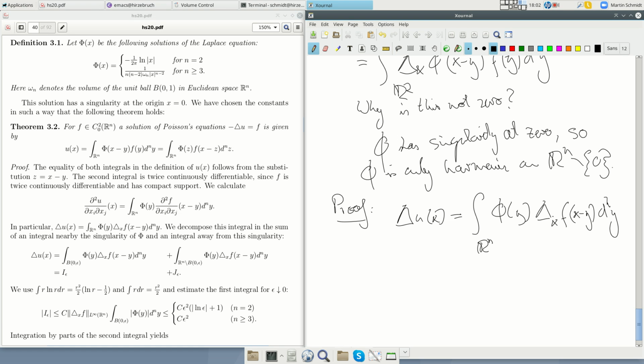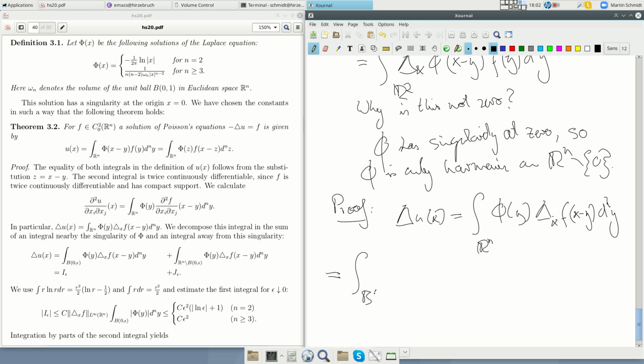So now we split this. We choose a small ball of radius epsilon, and later we will take the limit epsilon goes to 0.